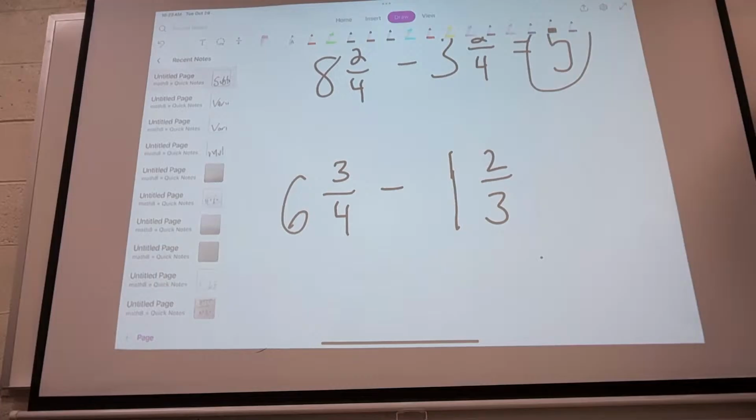Just what is 3 times 4? 12 plus 3. 12. 15 on top, 4 on the bottom. You're multiplying those two. So 10 times 15 and 4 times 4.